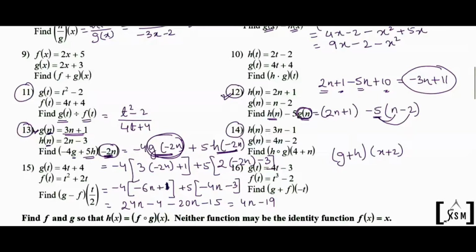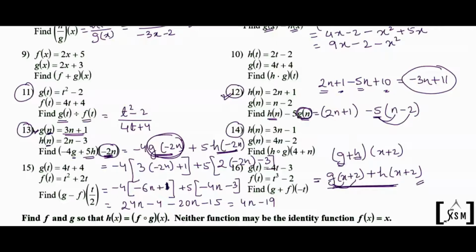Because g is a function, we'll write g of x plus 2, plus, because h is a function, h of x plus 2, right? We'll not multiply g with x and g with 2 because g is a function. That is my final simplification if we have to simplify.